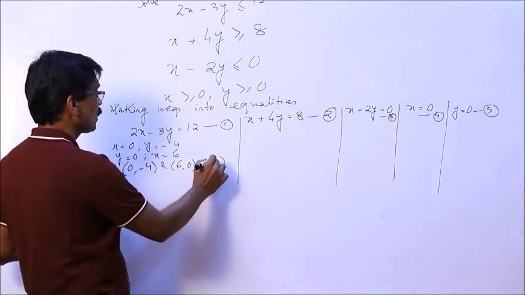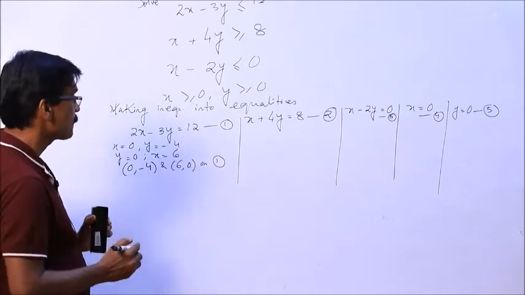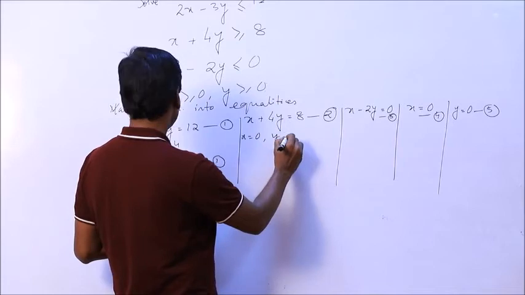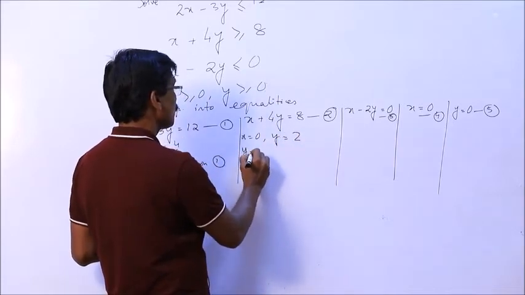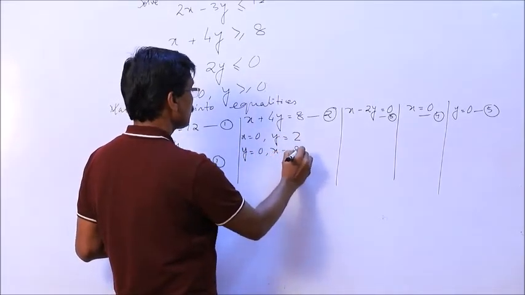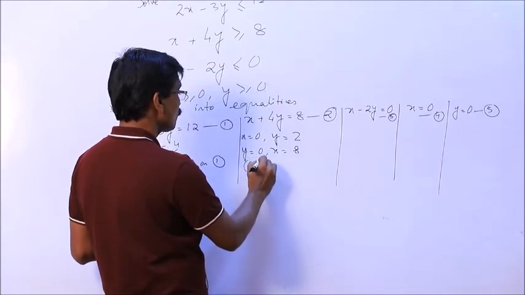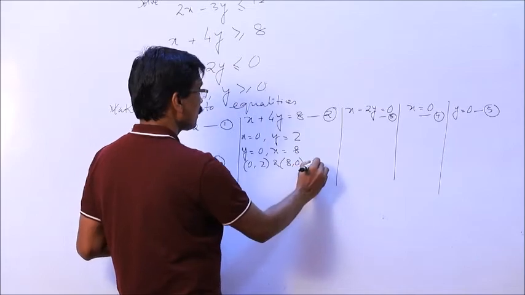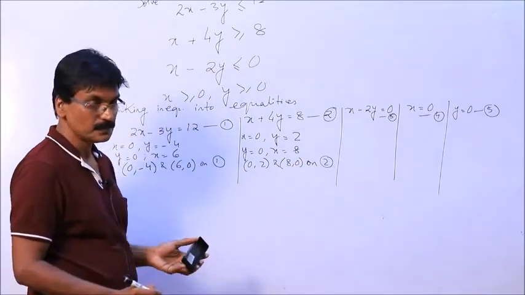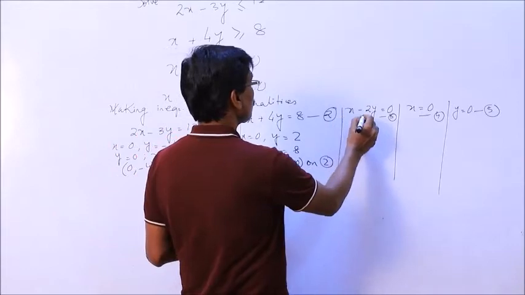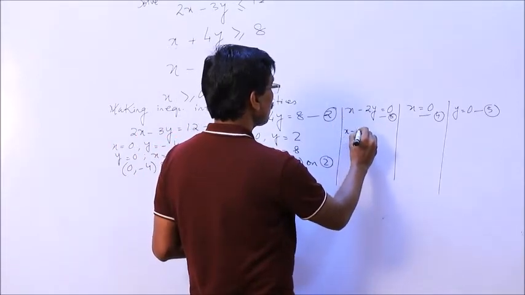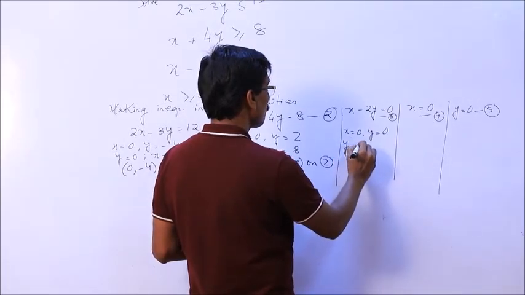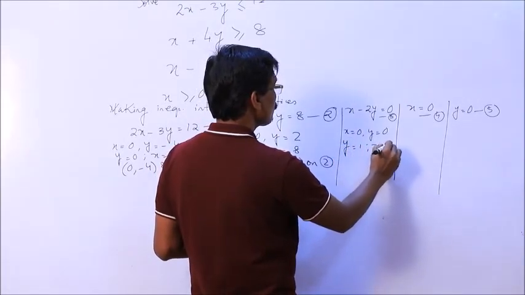on equation 1. Similarly, if we put x is equal to 0, y is equal to 2, y is equal to 0, x is equal to 8. So, that is 0, 2 and 8, 0 on equation 2. x is equal to 2y, if you put x is equal to 0, y is equal to 0, and y is equal to 1, x is equal to 2.